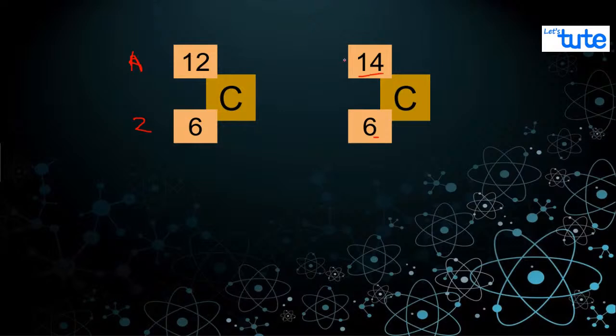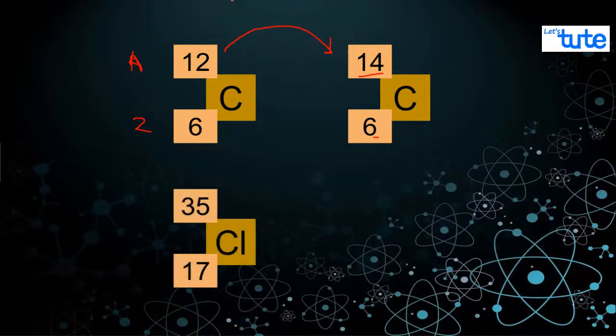So this is the mass number, and you can see the change. It was 12, it is 14 now. They have the same atomic number but different atomic mass number, and both are called carbon. Carbon 12, carbon 14, you must have heard these terms. Carbon 14 is used for carbon dating. So these are different isotopes of carbon.